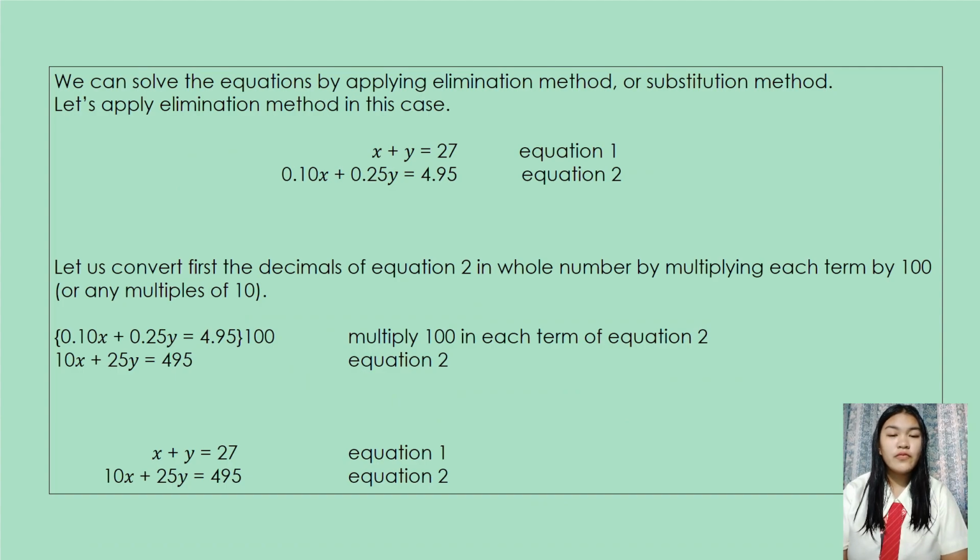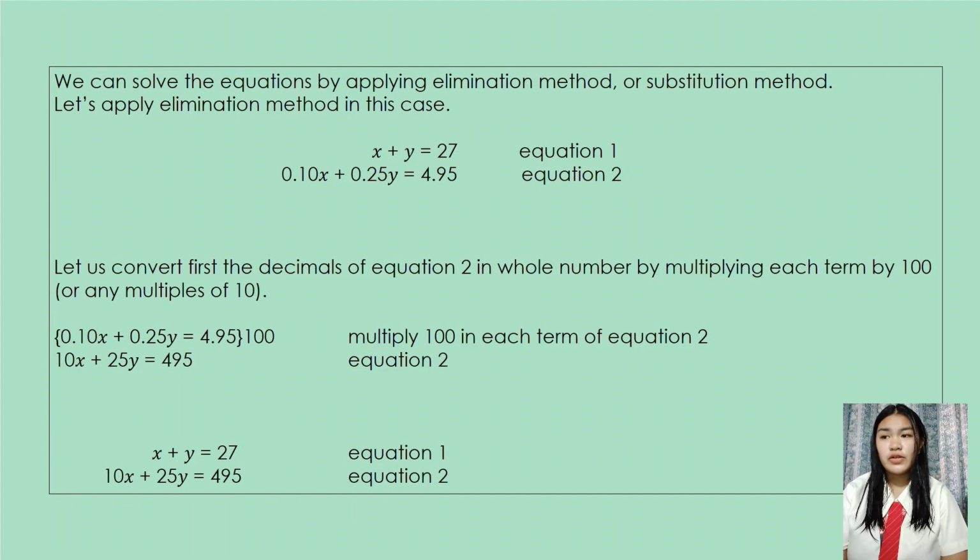So we can solve the equations by applying the elimination method or the substitution method. We will apply the elimination method in this case. X plus Y is equal to 27 is our equation 1, and 0.10x plus 0.25y is equal to 4.95 is our equation 2.